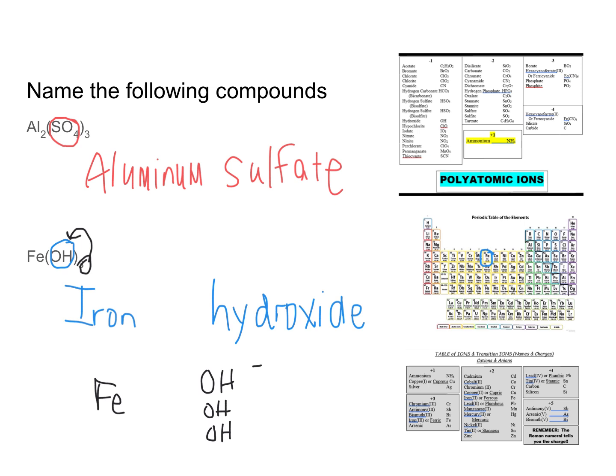Each one of these OHs has a -1 charge, so we have 3 -1 charges for a total of -3. Looking back at iron, we only have 1 iron, so because we need a +3 total charge to cancel out, this 1 iron has to have all 3 of those positives. So it's going to be iron +3. The Roman numeral we would need would be iron(III) hydroxide. Okay, it's exactly the same as we've done before.